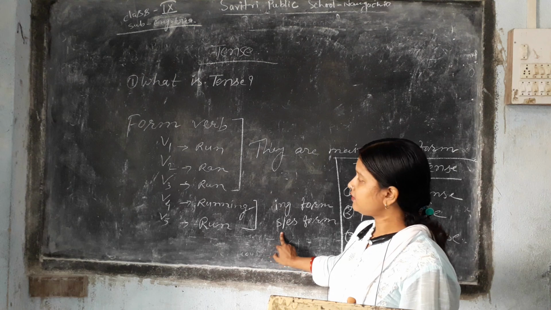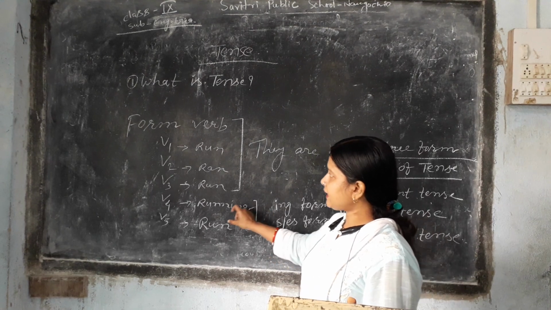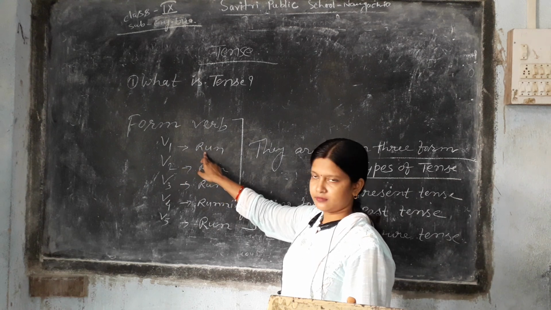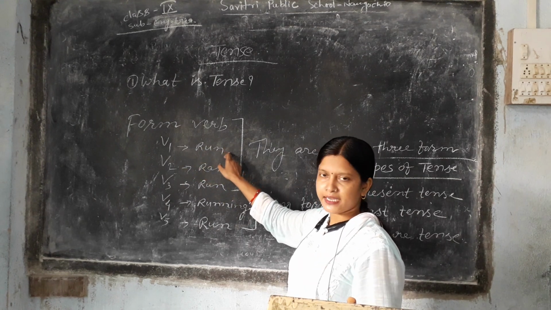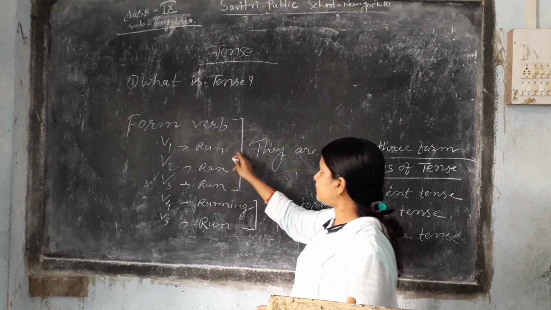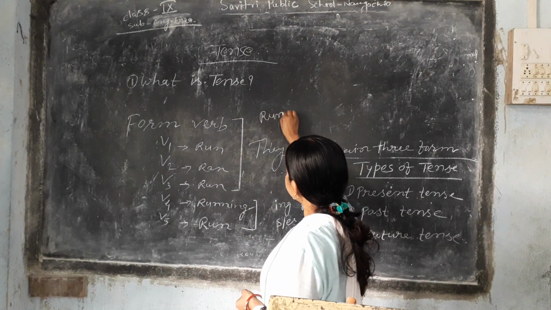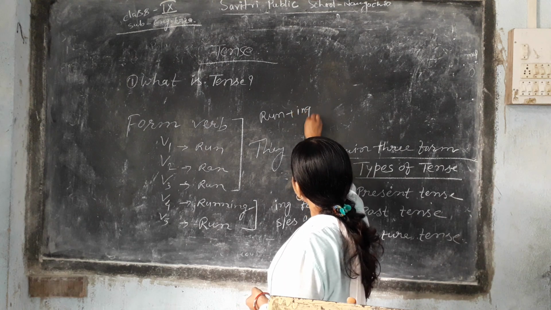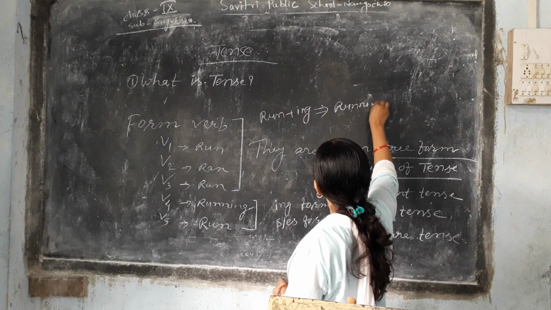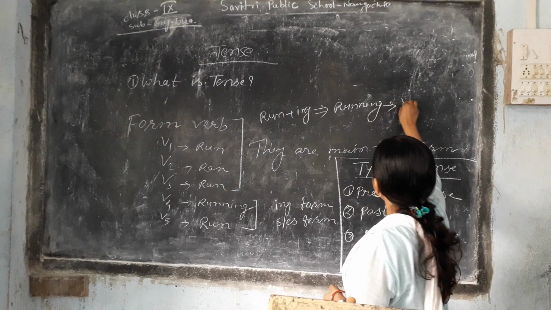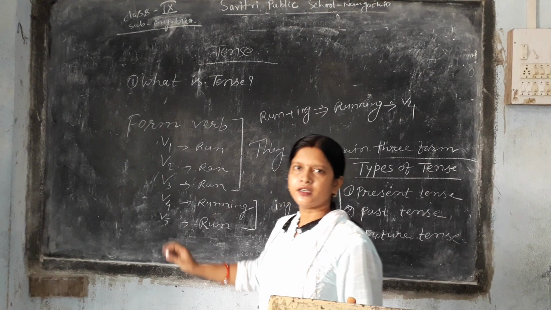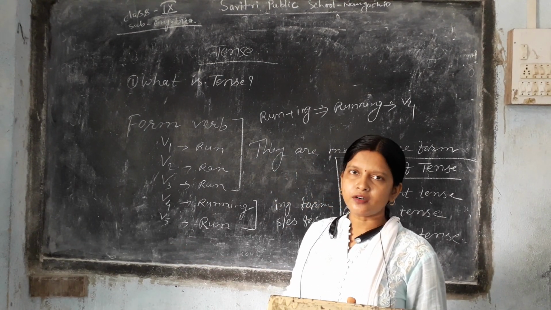When we add ing with the first form of the verb, suppose that run, and if we write here ing, then it makes running. That is the fourth form of the verb. Run plus ing, that is running. We can say it V4. And the fifth form is S plus ES form of verb.